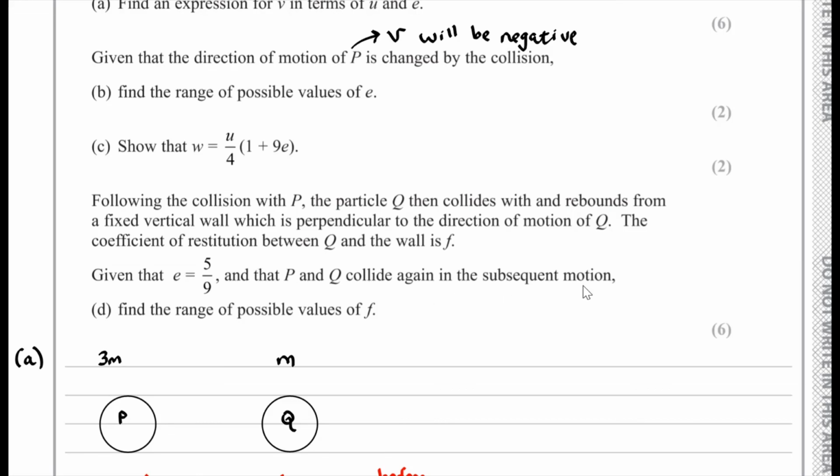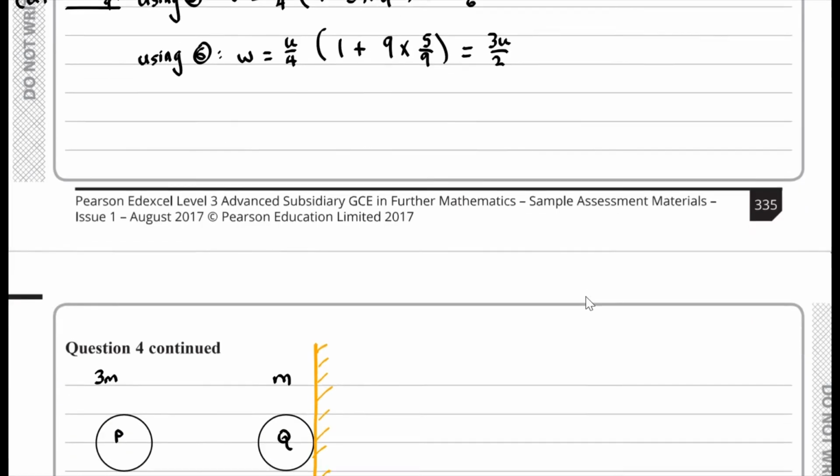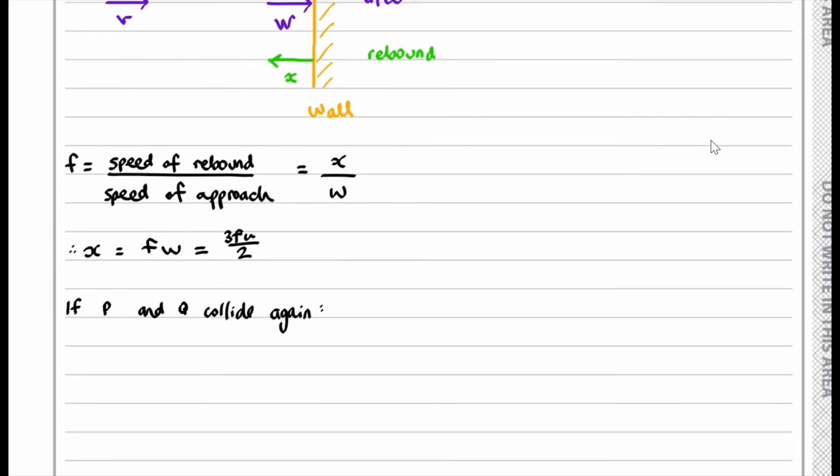We were also told that P and Q collide again in the subsequent motion. So if P and Q collide again, then we can say from here that x is greater than minus v.